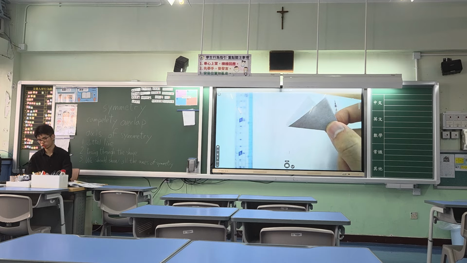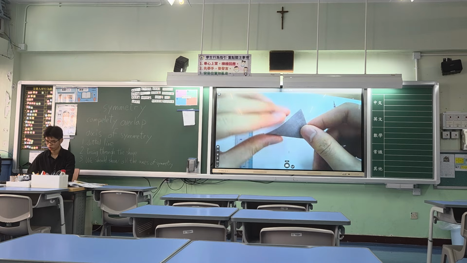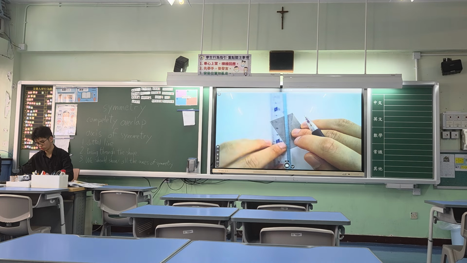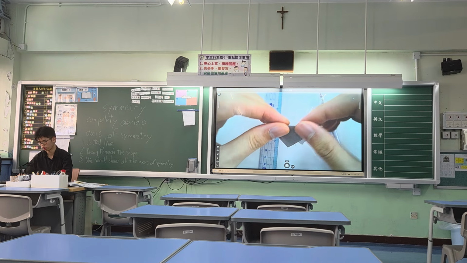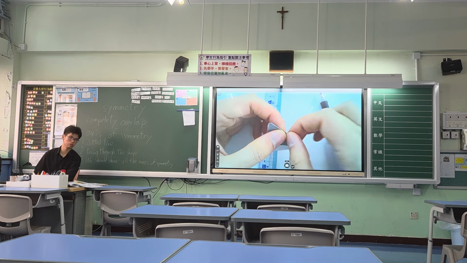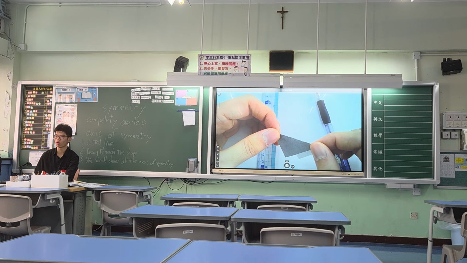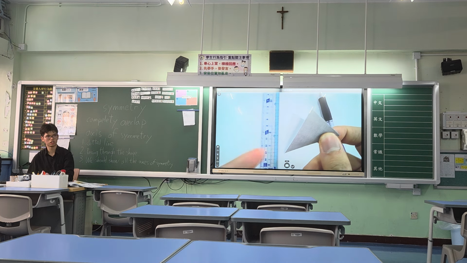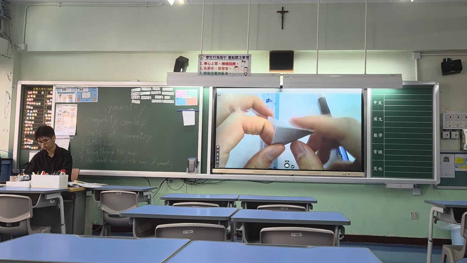Okay? So, I want all of you to do it now. Draw a dotted line on the parallelogram and fold it along the dotted line. Okay, I can see group 4 is doing well. Oh yeah, great. I want all of your groups to try. Okay? You can see the shape cannot be completely overlapped when we fold it along the dotted line.